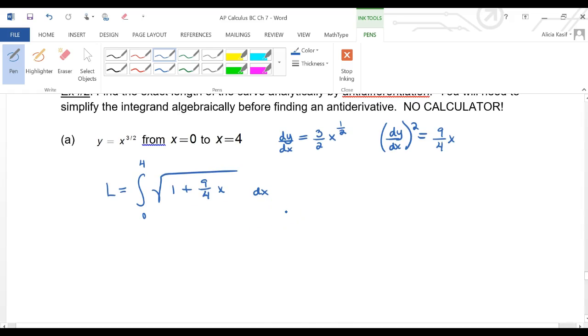If we can't use a calculator, this one we can solve without one by u substitution. So if u is equal to 1 plus 9/4 x, what's du? And then we're going to change the bounds. u of 0 is 1. u of 4 is 10.